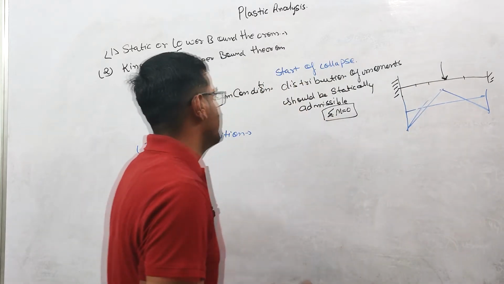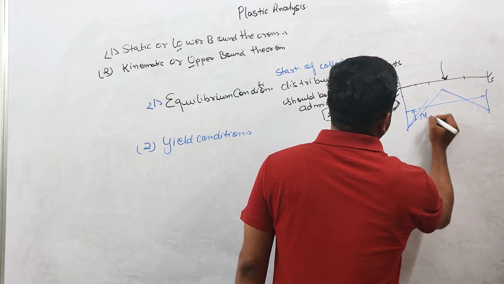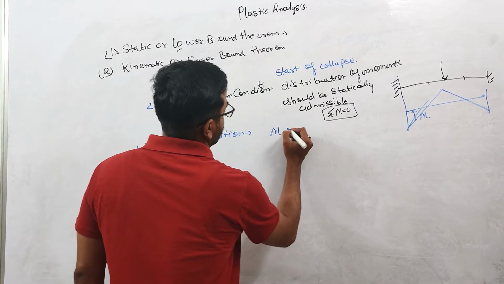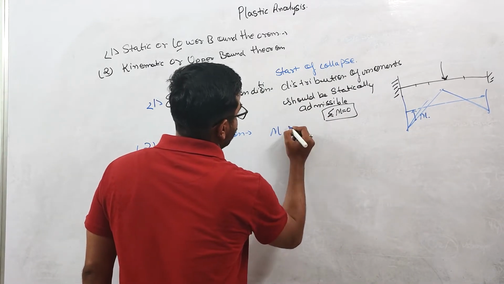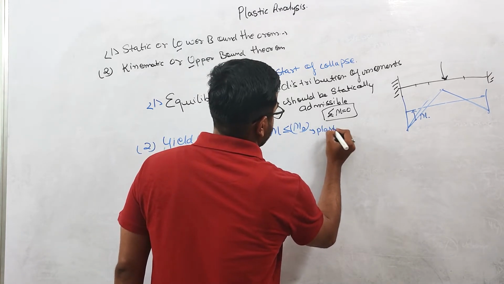Anywhere in this beam, the bending moment value should be less than Mp, which is the plastic moment of the section.